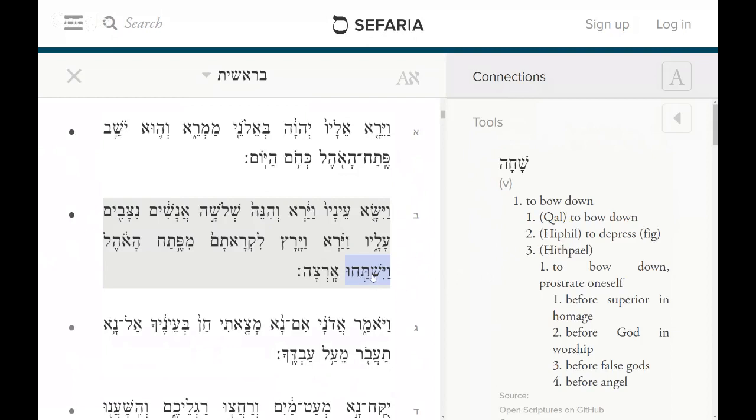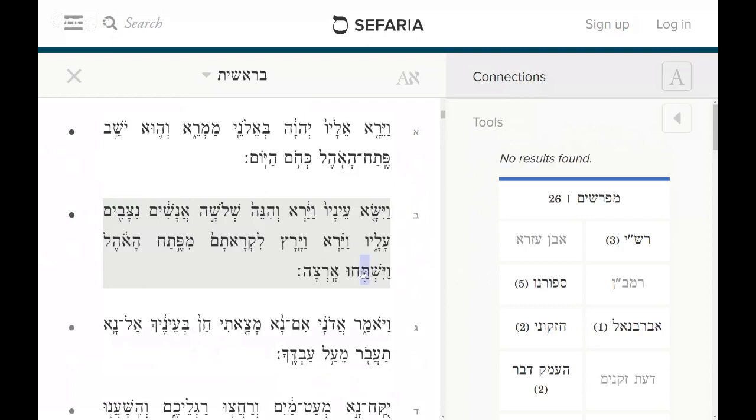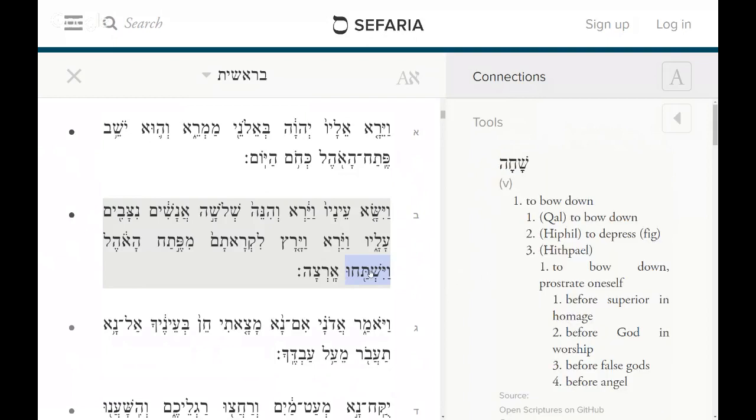But often, what will happen is if you have a sheen at the beginning of the verbal root, in this particular form, a tav will get stuck after the sheen, whereas in others it will get stuck before. And so that's what happens. The tav ends up being part of the verb form, and so it means to bow down. And really, it's just describing a posture of humility.